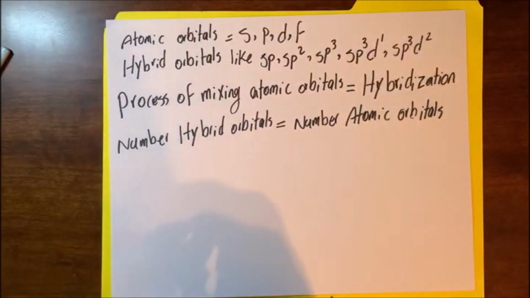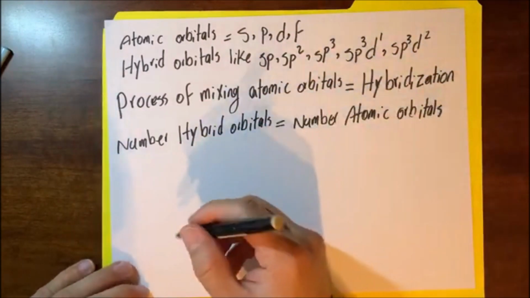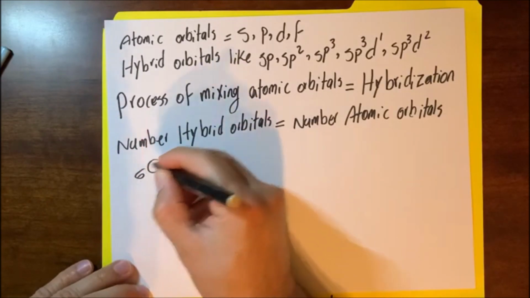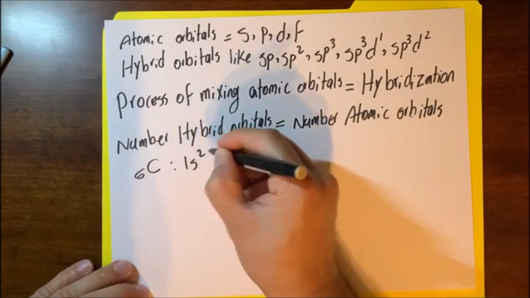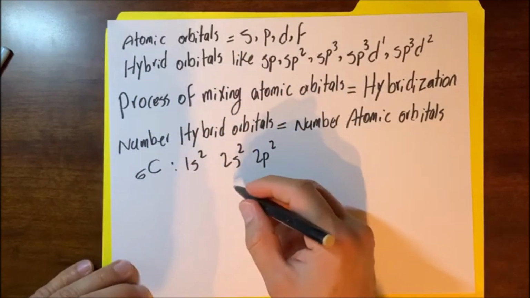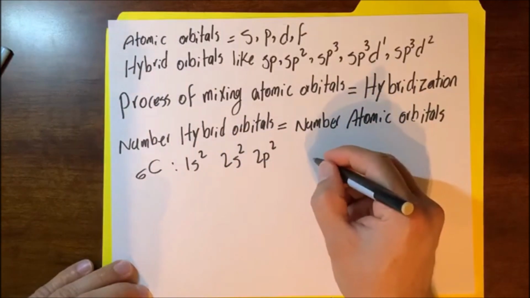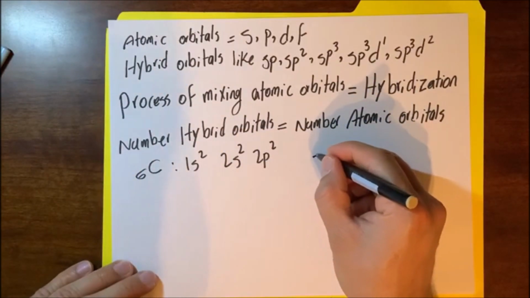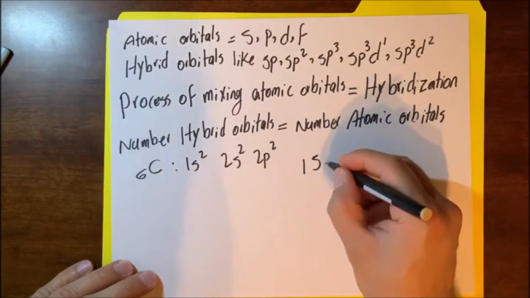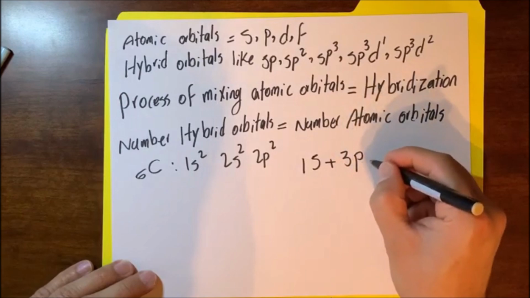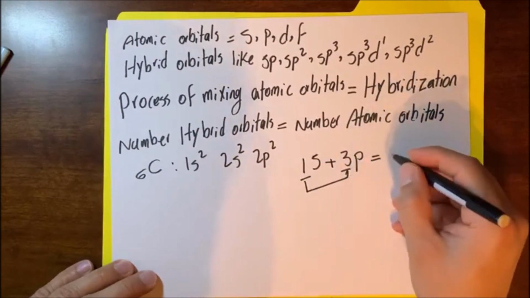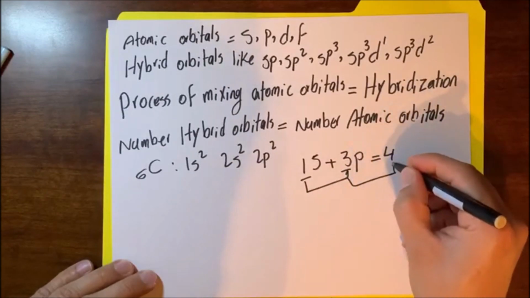Like the previous example, we said we have carbon, 1s2, 2s2, 2p2. We mix 1 from 2s plus 3 from p. 1 plus 3, you will get 4.